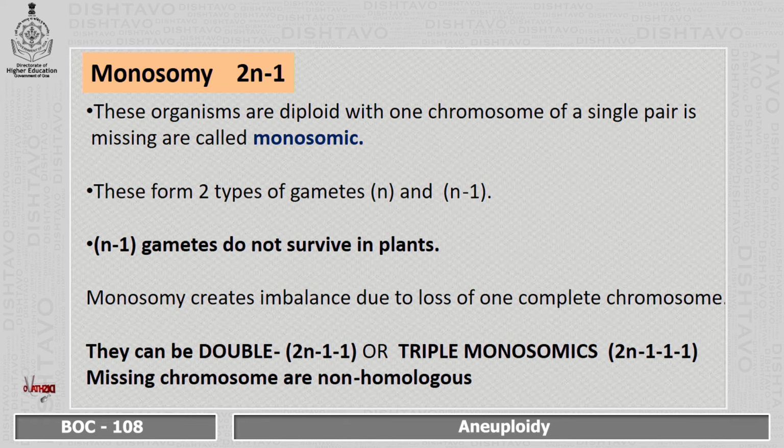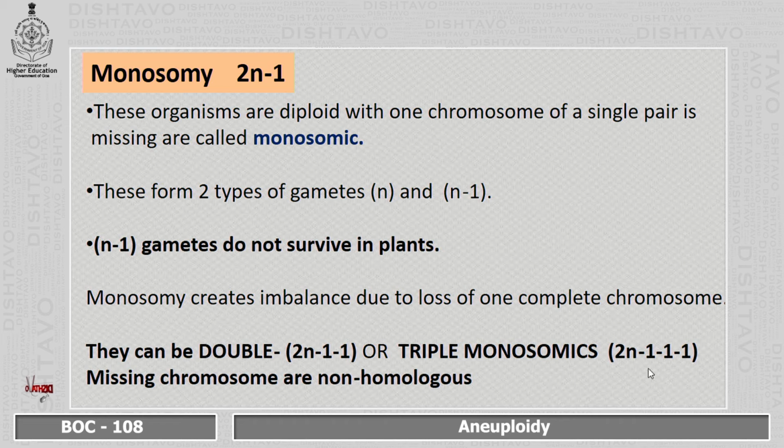Now, sometimes they can be double, meaning two pairs, each with one chromosome missing. Or we even see triple monosomics, where in the set there are 3 chromosomes of 3 different pairs missing.